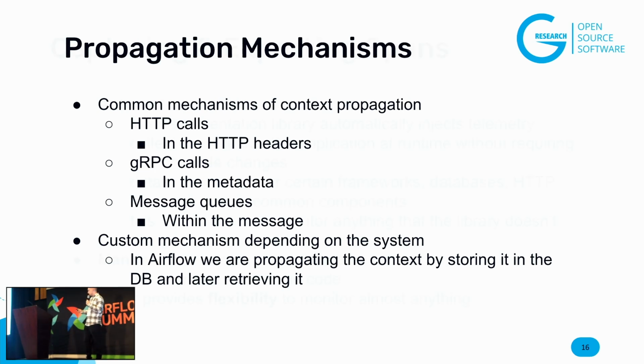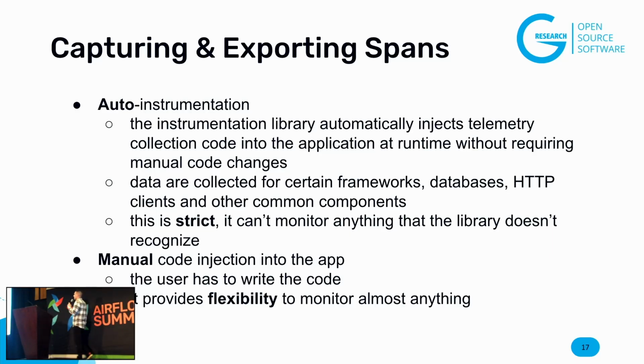Now, we can capture and export spans in two ways. We have auto-instrumentation and manual code. They both have their pros and cons. Auto-instrumentation: how it works, we have instrumentation libraries, and these instrumentation libraries inject telemetry code into our application, and the telemetry code is monitoring very popular operations and frameworks like a database call or an API call, and it's automatically capturing data and exporting the spans.